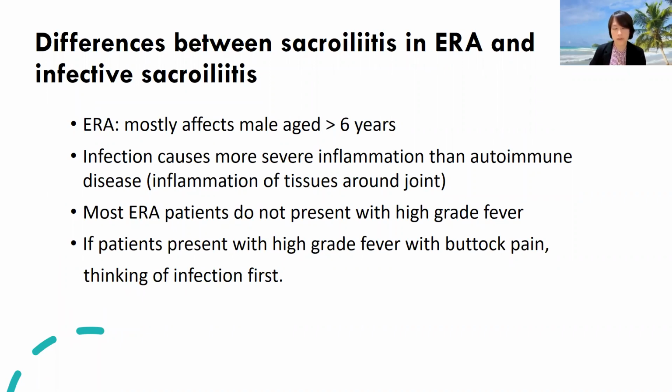You can see the inflammation of the muscle around the sacroiliac joint in this case in the MRI, compared with ERA, which affects only the joint. And most ERA patients do not present with high-grade fever. If a patient presents with a high-grade fever with buttock pain, think of infection first.